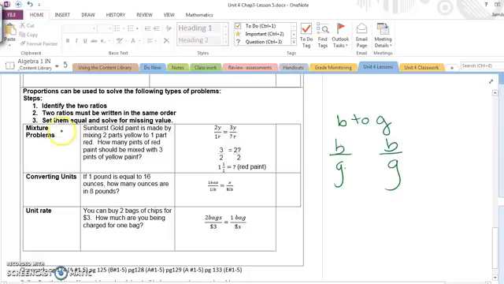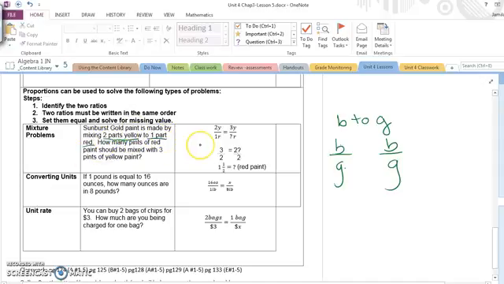The first problem is a mixture problem. So proportions can be used to solve mixture problems. So here we're mixing paint. We have Sunburst Gold paint, which is made by mixing 2 parts yellow for every 1 part red. So notice on top I have the 2 yellow and the 1 red. So now I know when I write my other ratio, yellow's on top and red's on bottom. And I've already identified this first ratio, 2 yellow to 1 red.